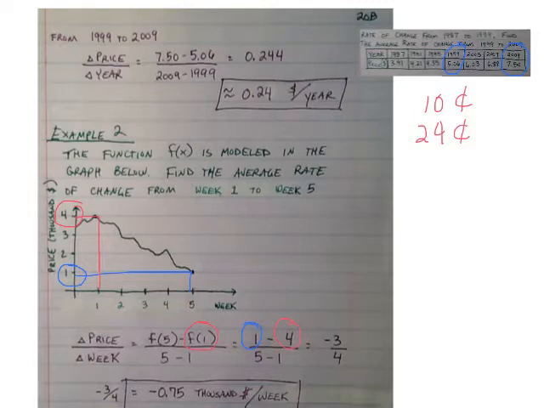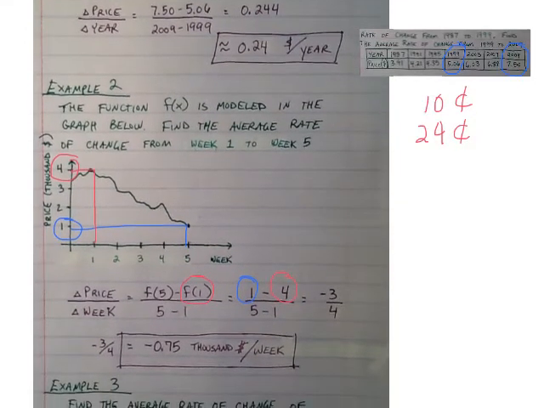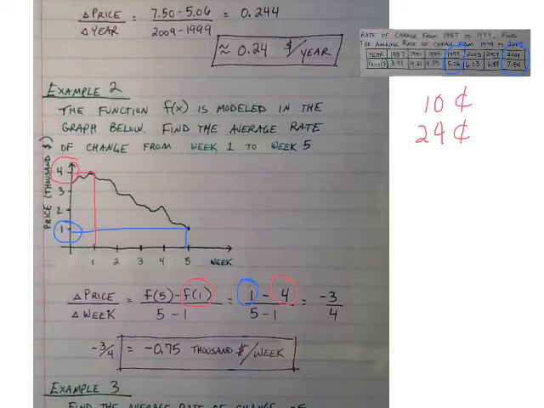So we have 1 minus 4 over 5 minus 1. That gives you negative 3/4, which within the context of the problem you're saying basically we're losing about $0.75 per week on this share. Obviously not a very good investment in the short run.